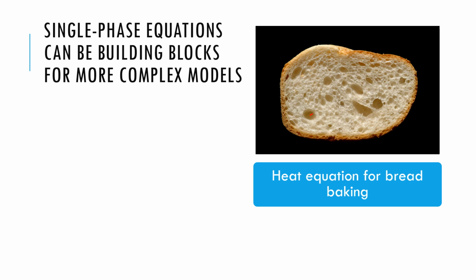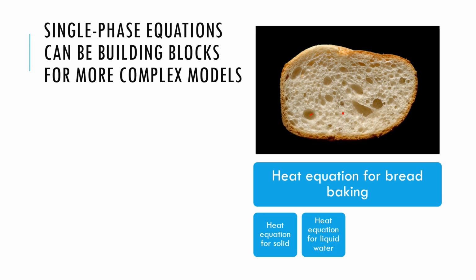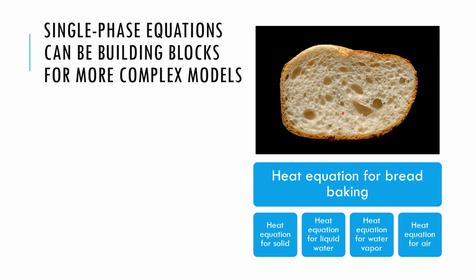Eventually, in different modules, we explain how the temperature of bread at one point can be thought of as combining, averaging a heat equation for solid, heat equation for liquid water, heat equation for water vapor, and heat equation for air. Each one of them is individually chosen from the equations that are derived in this chapter.